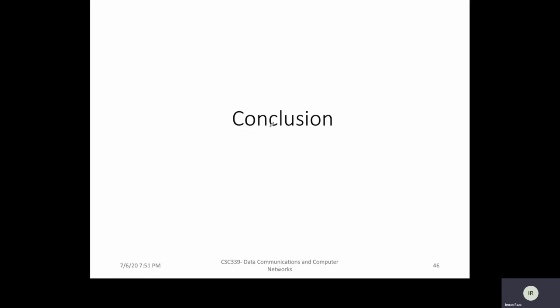Why? Because IP itself is a connectionless protocol. So we looked at IP version 4, and then ICMP version 6, and then we discussed IP version 6. The motivation to move from IP version 4 to IP version 6 is to have a simpler header to speed up the processing and forwarding process and reduce the overhead.